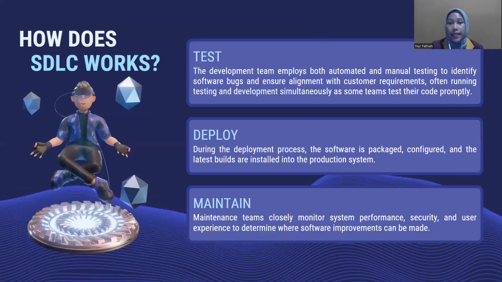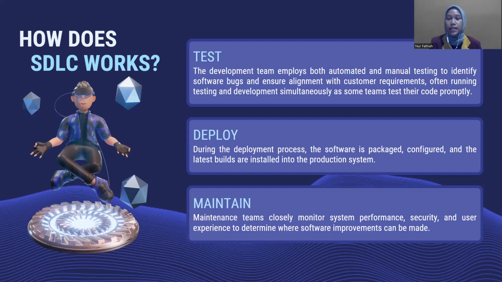And then there is test. In the test phase, the development team employs both automated and manual testing to identify software bugs and ensure alignment with customer requirements, running testing and development simultaneously, as some teams test their code promptly.